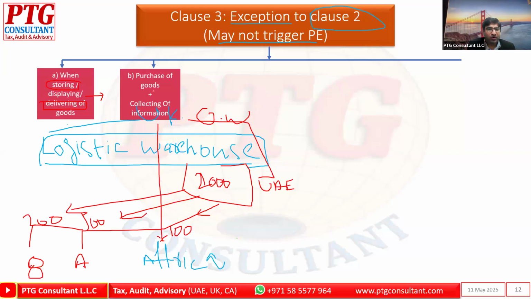Purchase of goods. If your UK business team is coming to UAE and purchasing goods, are they doing any commercial activity? Are they generating revenue from UAE? No, they are purchasing or collecting. Again, it will not fall under PE. Commercial means when you are generating revenue. If you are purchasing, then it will not fall under PE.